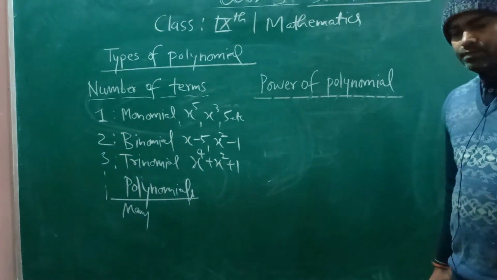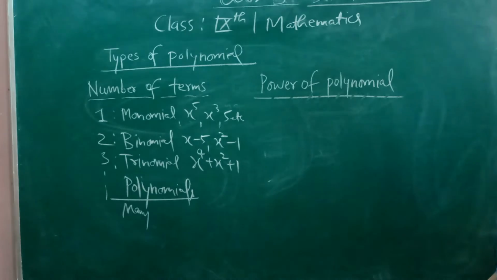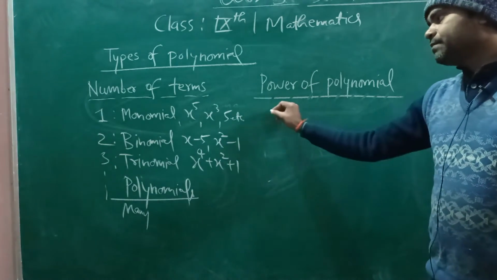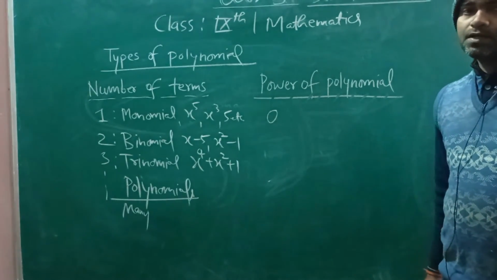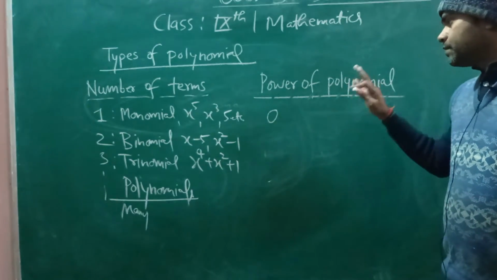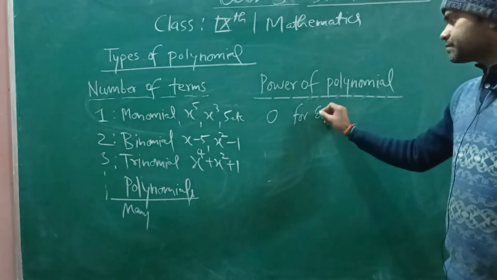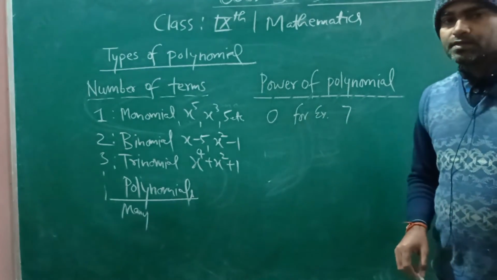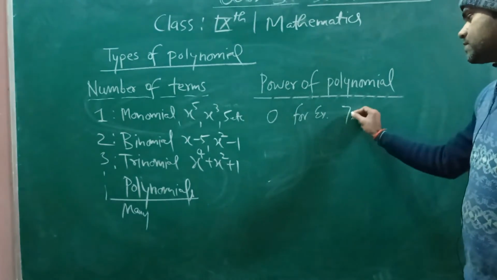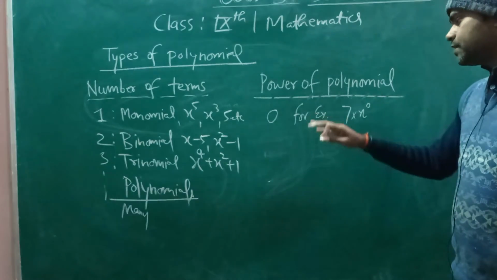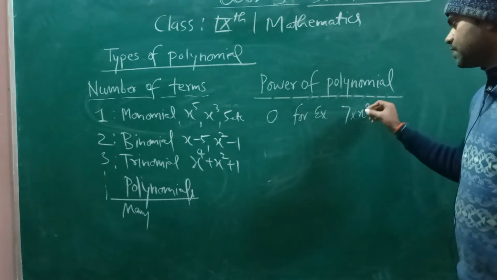On the basis of the power of a polynomial, the power may be 0. For example, 7 can be written as 7 into x to the power 0 and it is considered a polynomial.